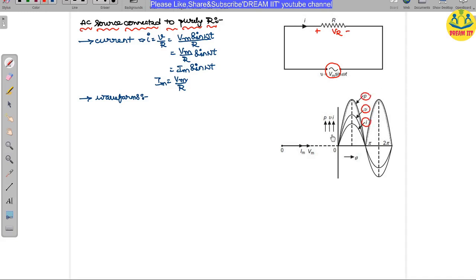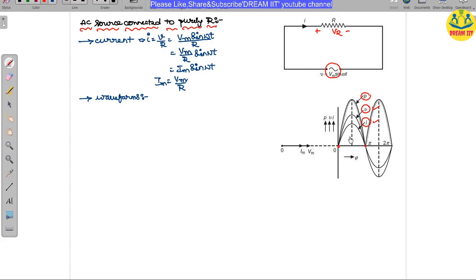We will see, first, if you observe voltage and current, there is no phase difference between them. I explained the meaning of phase difference in the last module videos, so you check it there. The voltage waveform and current waveform both start from the same point.